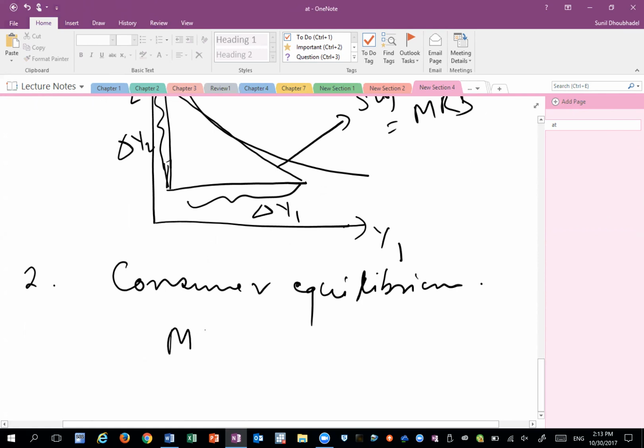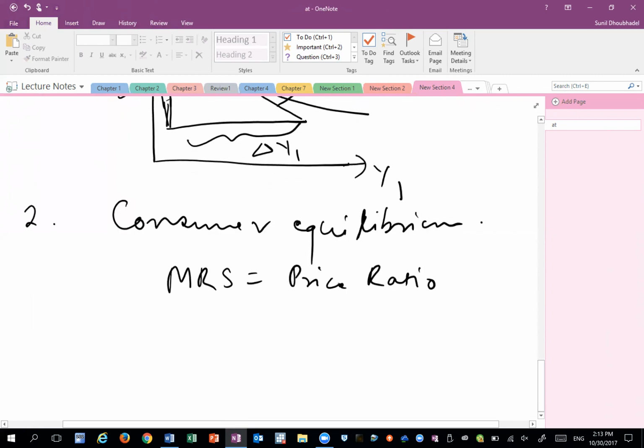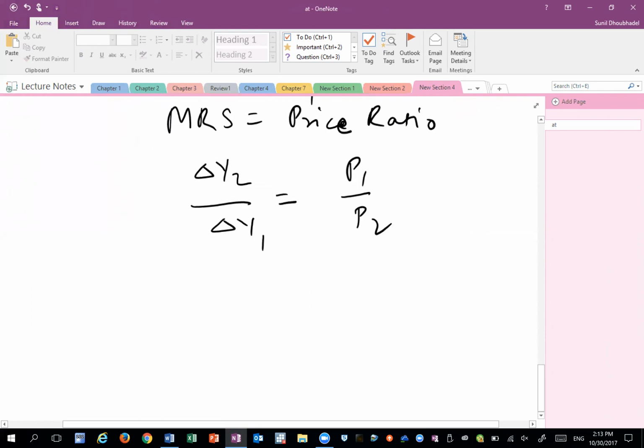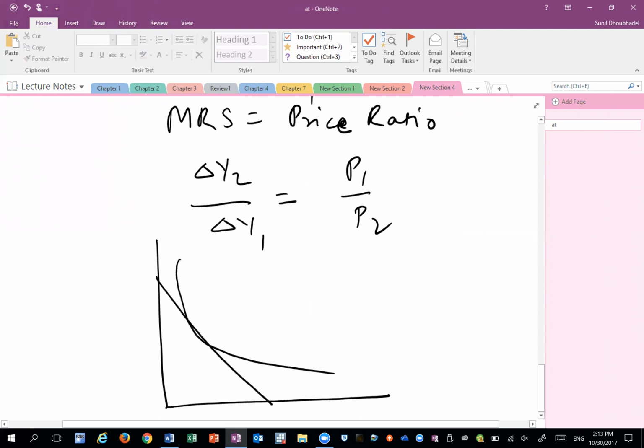Delta y2 divided by delta y1 equals, is it the TU? No, not TU. You made the same mistake. Price ratio, right? So the mathematical condition would be P1 by P2, meaning that you have tangency of the budget line and your indifference curve.